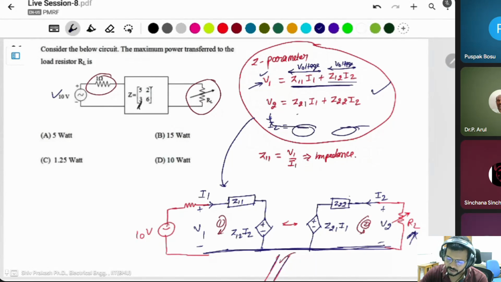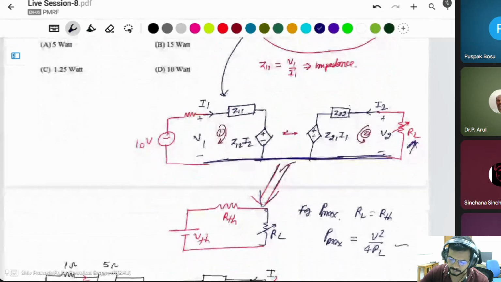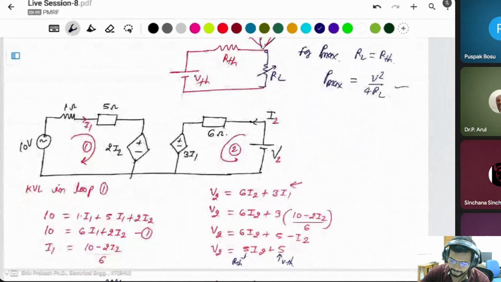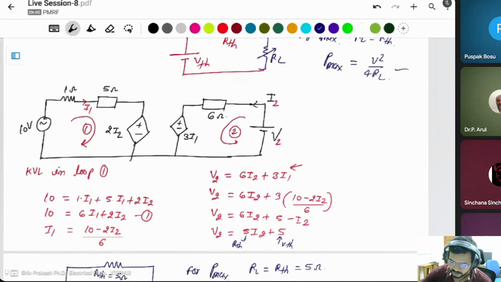But for the impedance parameter, this is the voltage, it means all these components are voltage components. You have to make a circuit like this. Once the circuit is completed, then simply apply KVL and KCL. You will get the final answer.